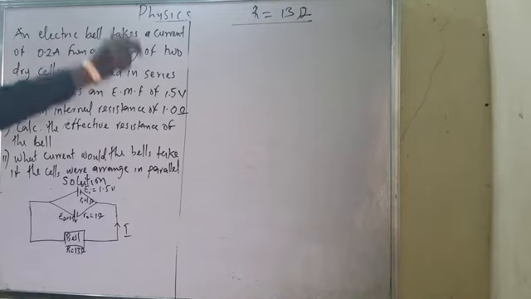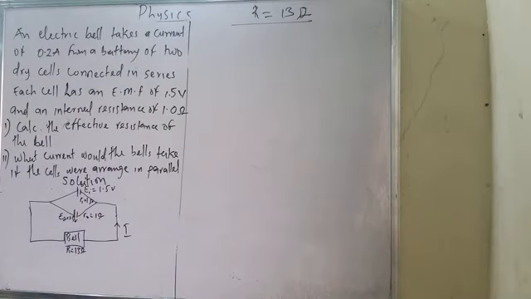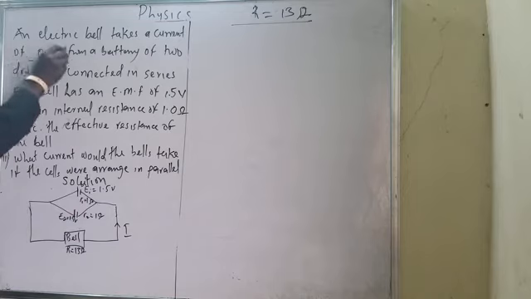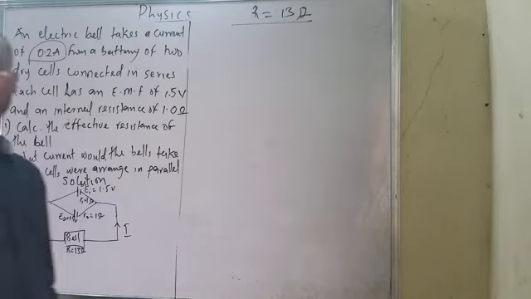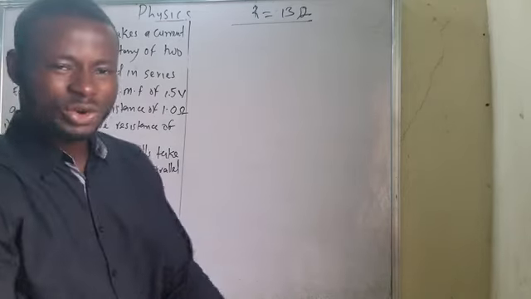My bell is already given, which is the resistance of 13 ohms. We want to know what my current I is. What current will it take? It means this time around you cannot hold on to 0.2 ampere, because the story has changed.